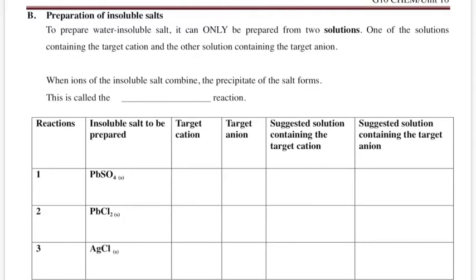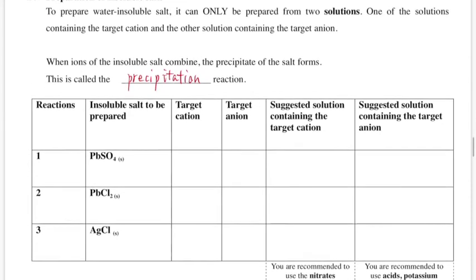We call this kind of reaction a double displacement reaction, and it can also be called a precipitation reaction, since a precipitate, an insoluble solid, is formed here. Okay, let's try to fill in this table.